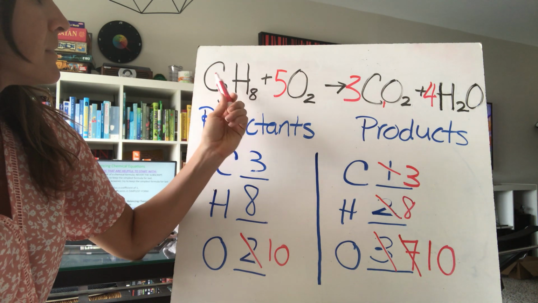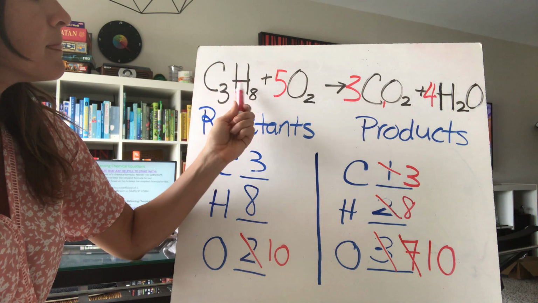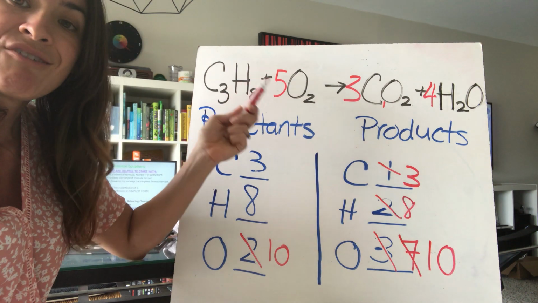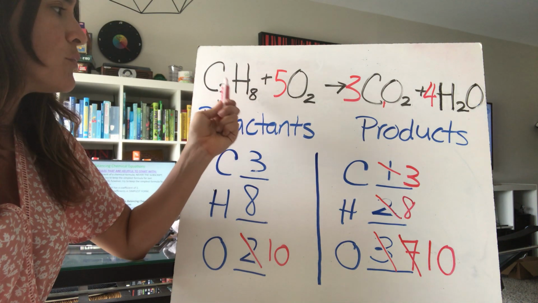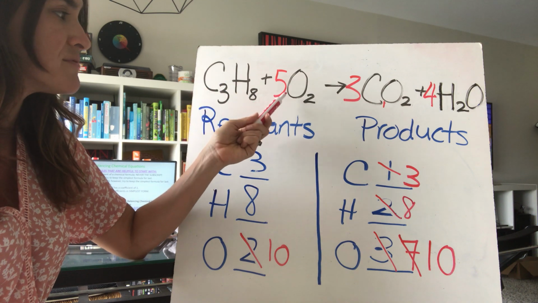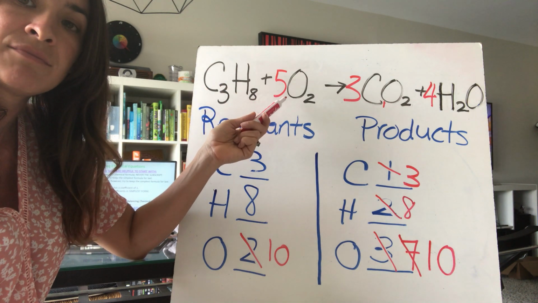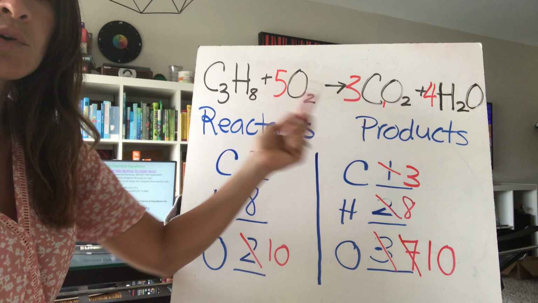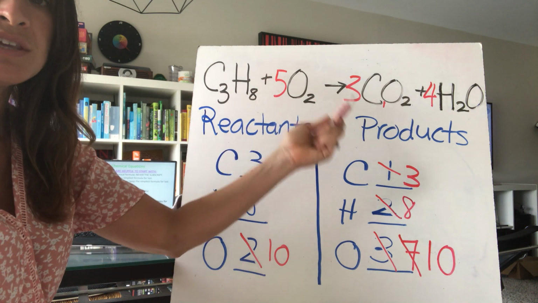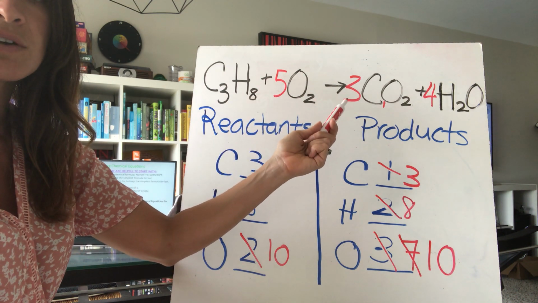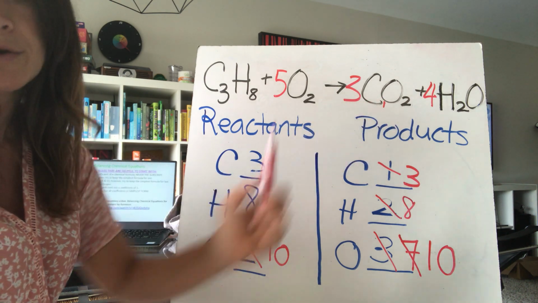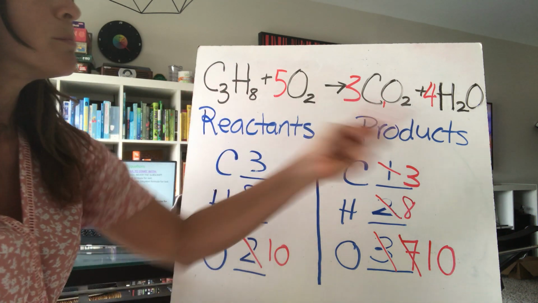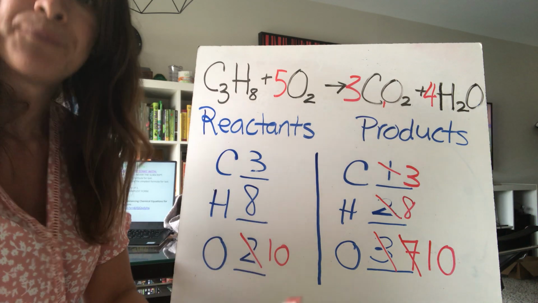Propane, 1 mole of it requires 5 moles of oxygen. If you have 1 mole of propane, it requires 5 moles of oxygen, and it will produce, it will yield 3 moles of carbon dioxide and 4 moles of water. You balanced the reaction. Good job.